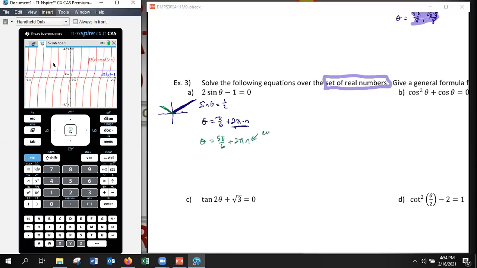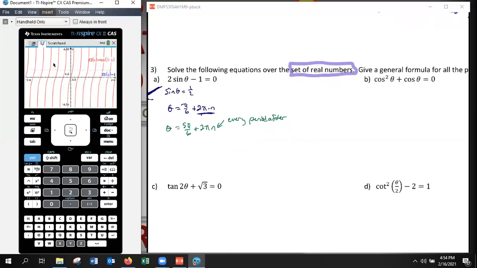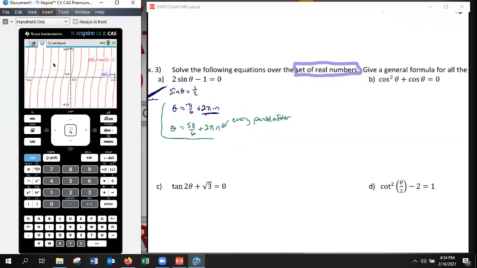So this is every period after, which is where coterminal comes into play. All right, so I know that's kind of a weird way of looking at it, but this is now beneficial because this allows us to find every possible solution. If n is 5, then pi over 6 plus 10 pi is going to be a possible solution to this equation.